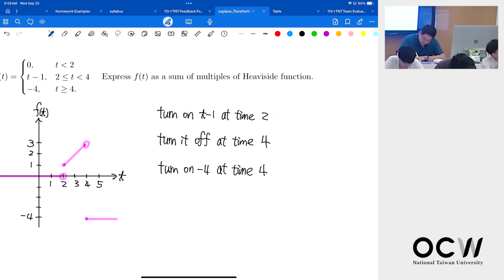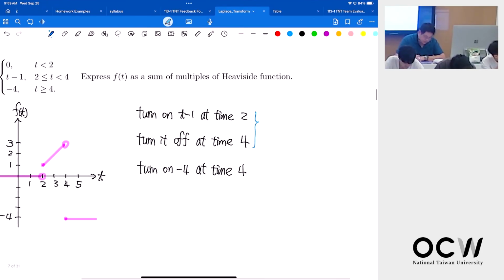So for this one, I turn on and then turn off. That's h of t minus 2 minus h of t minus 4. And this one, turn on at time 4. That'll be h of t minus 4.